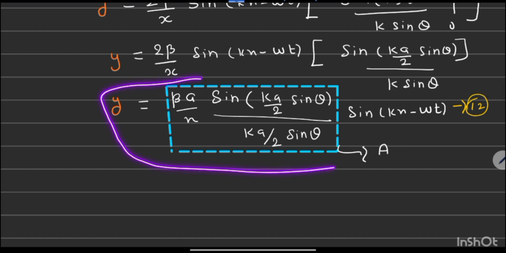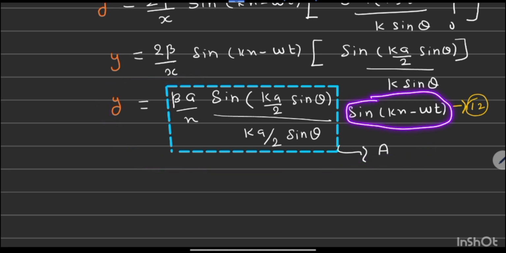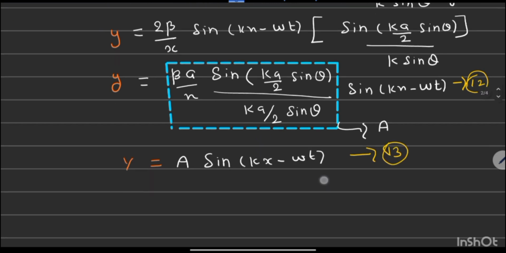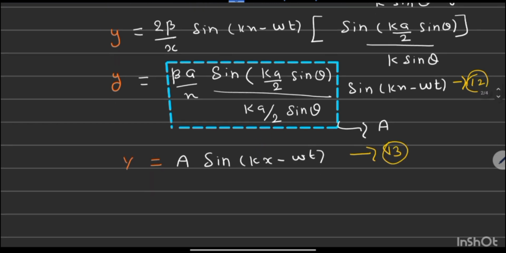If you see here, this part represents the progressive wave, whereas in this highlighted term there is no dependence on x and time t. So this is a constant quantity, and if I substitute this as amplitude, I can write this in a simplified manner this way.